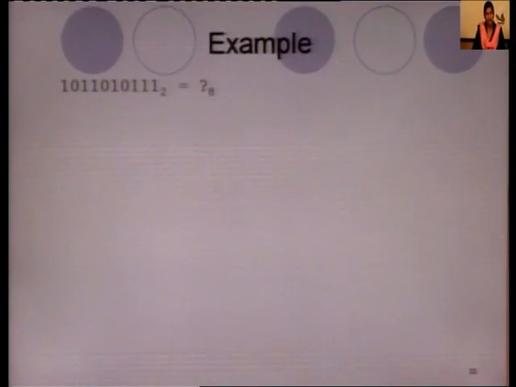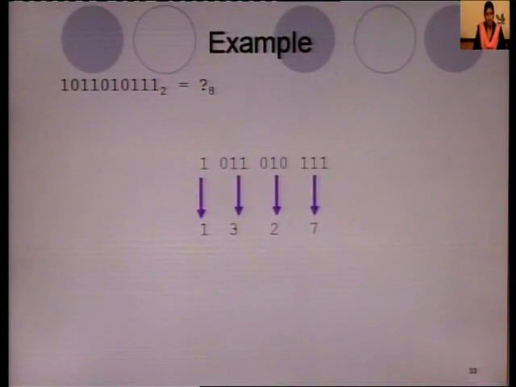For example, we have a given binary string 1011010111 having base 2 and we want to convert it into the octal number system. First, make groups of 3 bits starting from the right. The first group from the right will be 111, the second will be 010, the third will be 011 and the next will be 1. We can add 2 zeros to the last group.